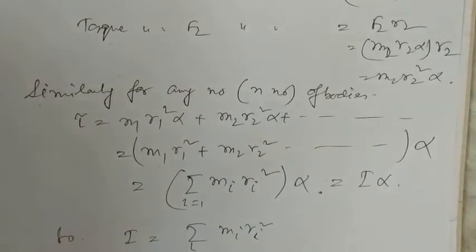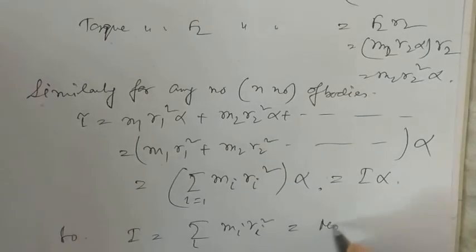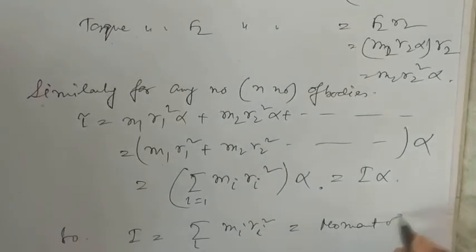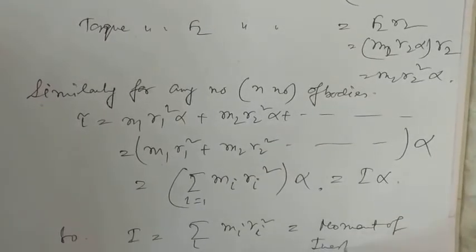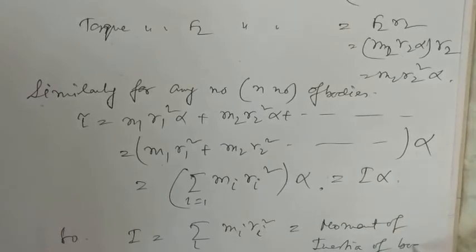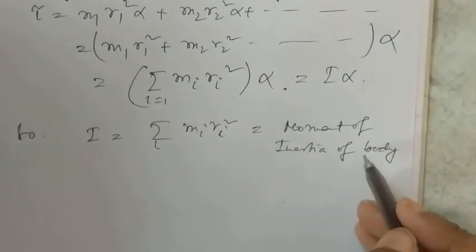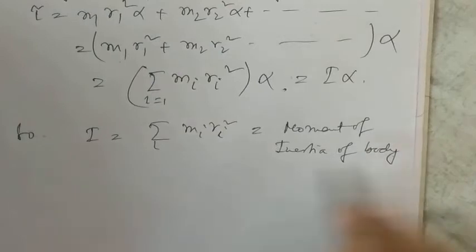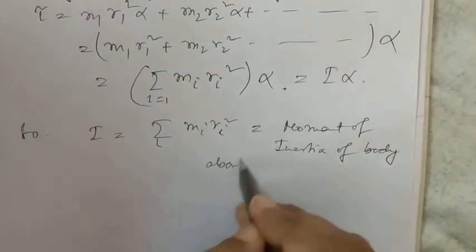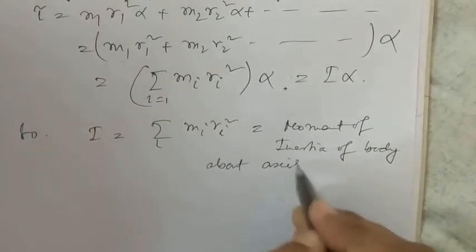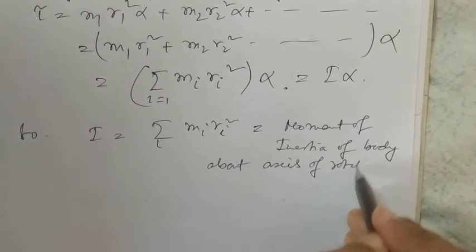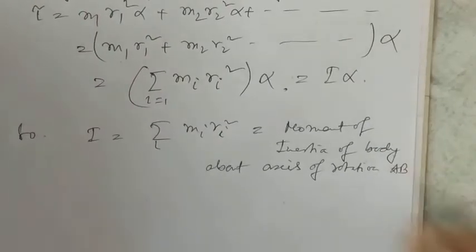So this is known as the moment of inertia of the body about the axis of rotation. Now the axis of rotation was AB.